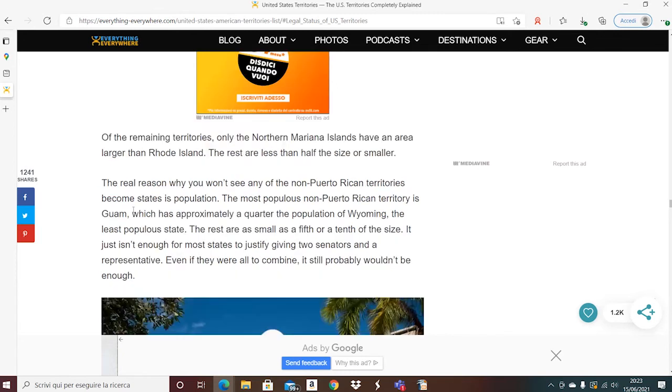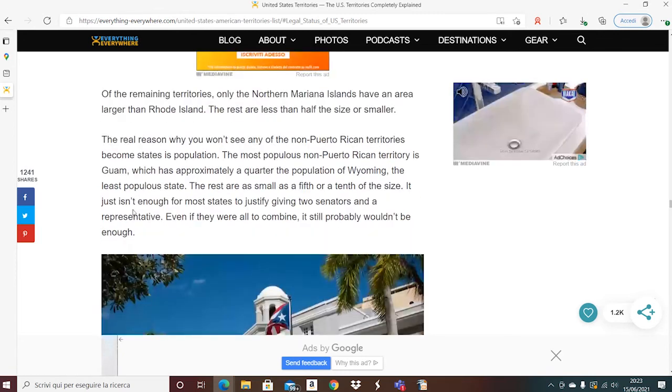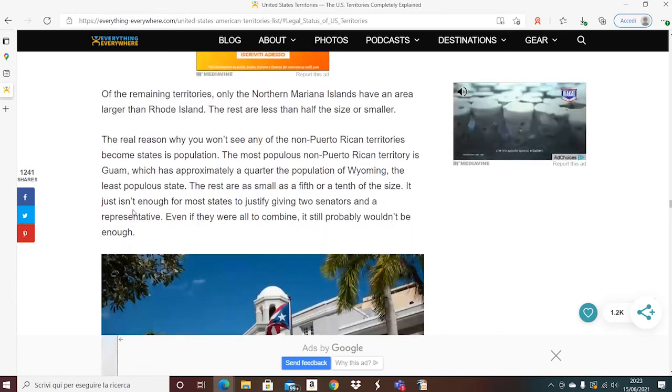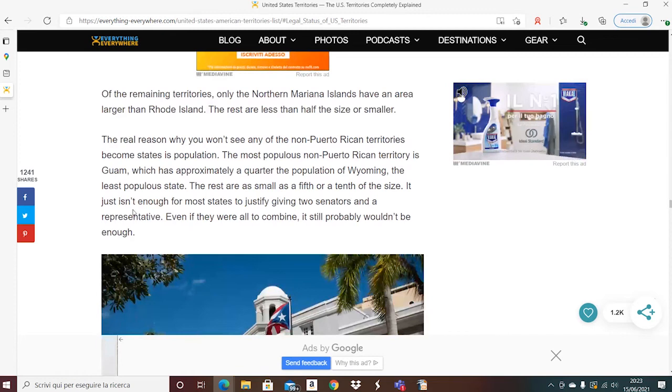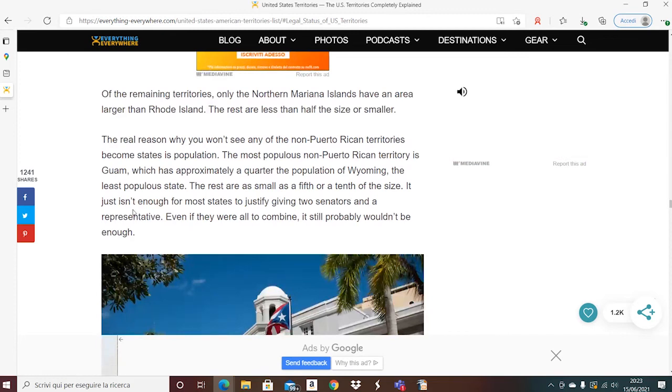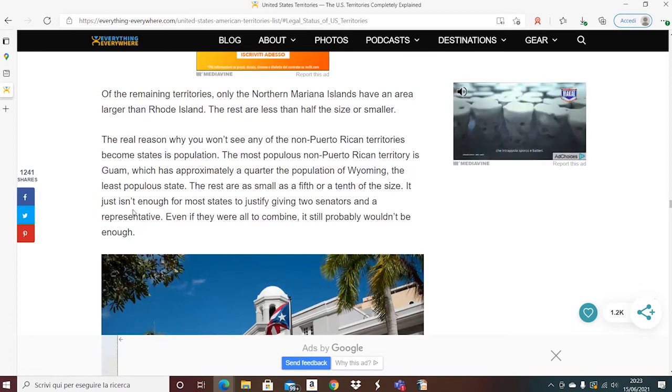The real reason why you won't see any of the non-PR territories become states is population. The most populous non-PR territory is Guam, which has approximately a quarter of the population of Wyoming.